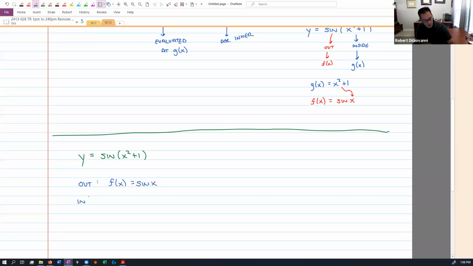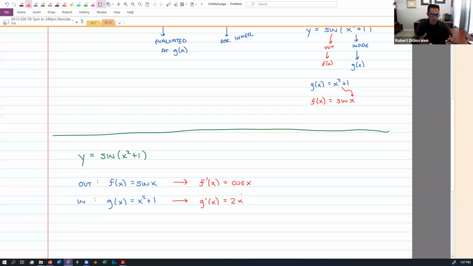And then the inner one is the g of x, and that is the x squared plus 1. Then I'm going to take the derivative of each of these. So the derivative of f of x is cosine x. We know that, right? And the derivative of g of x is 2x.